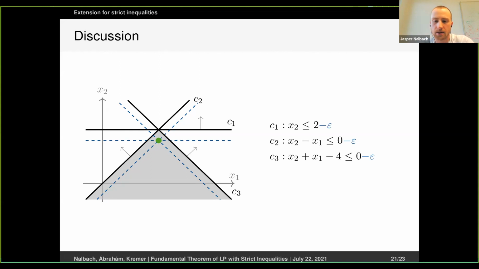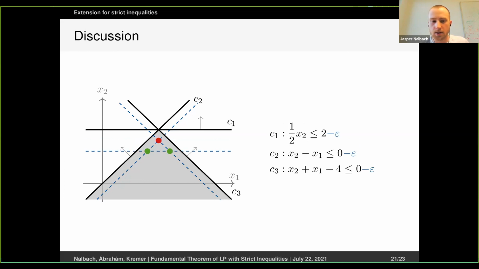What also can happen is if we, for instance, scale C1 by a factor before applying the transformation, before eliminating the strict inequality, this does not change the solution set of the original system, but it does change the solution set in its transformation.